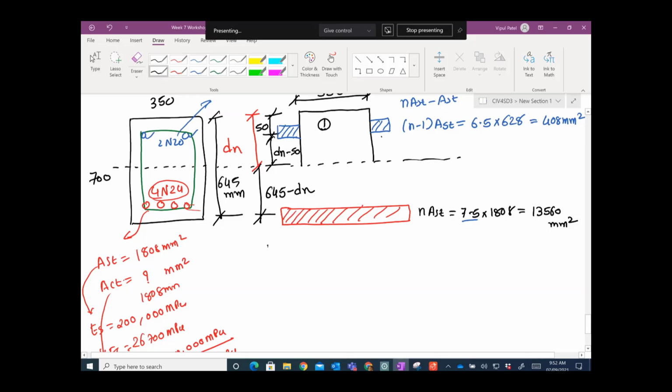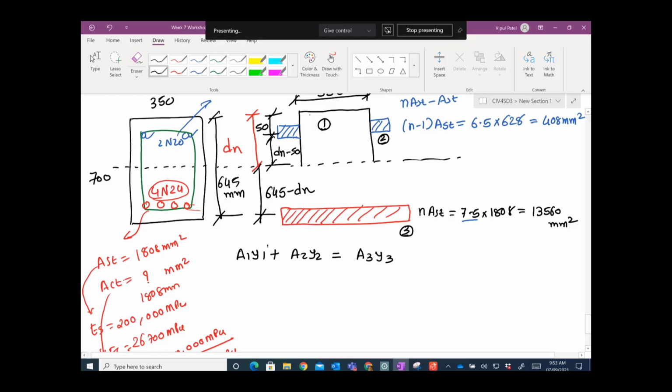Area number 1, area number 2, and area number 3. There are 3 zones. Okay, so let's say A1Y1 plus A2Y2 equal to A3Y3, because above the neutral axis there are 2 zones. Zone 1 is basically concrete, and these steel bars are zone number 2, and this is zone number 3.